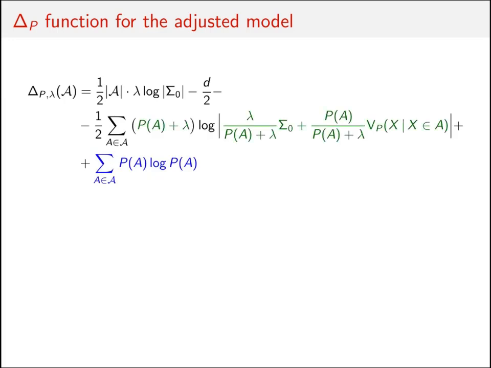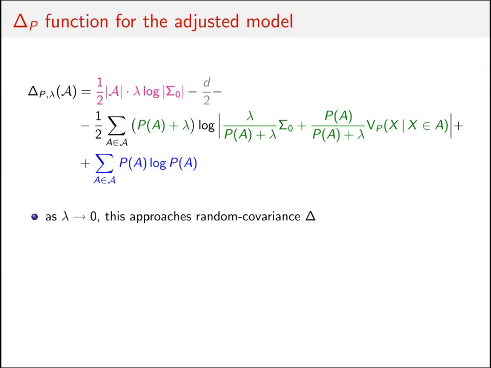What changed, the basic thing that changed, is that instead of simply the covariance matrix within a set component, you get a convex combination of what you should have in the distributions and what you assume in the model. Apart from that, you get a kind of linear penalty for the number of components. And finally, this is a constant.